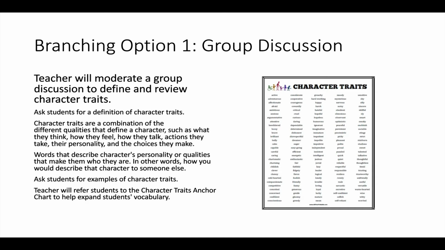So, my first branching option is a group discussion. I will moderate a group discussion to define and review character traits. I'll ask students for a definition of character traits.